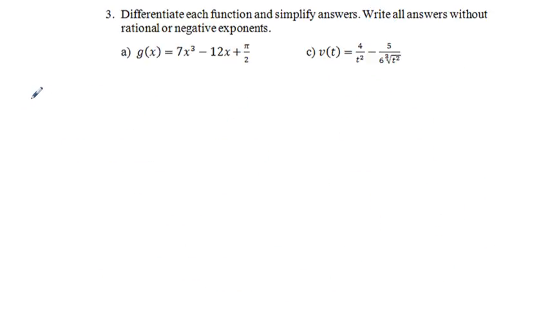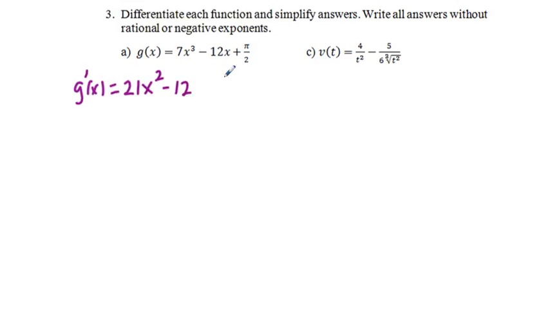Next, 3. Differentiate each function, and write all answers without rational or negative exponents. The first one is this g of x. To get g prime of x, we're going to have 3 times 7, which is 21, x squared minus 12, and the derivative of pi over 2 is 0.